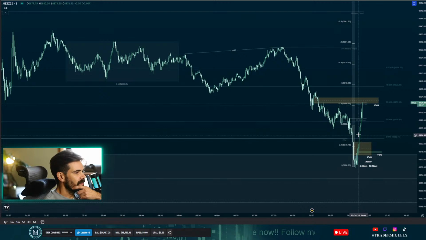Nice reaction. Very nice reaction here. So price kind of hold here at 9:30 open. It's now trying to get above 8:30 open as well.